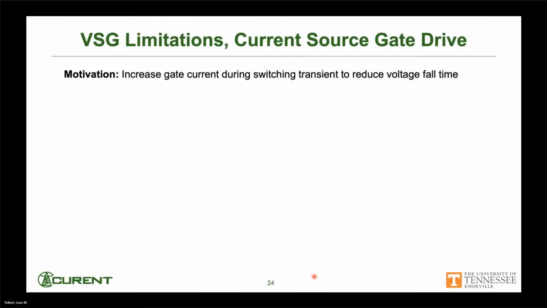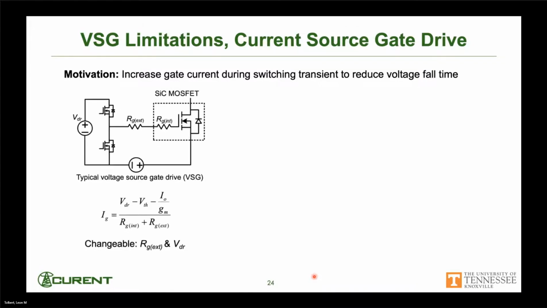So let's look at some of the limitations that appear when we talk about voltage source gate drive and some of the conventional current source gate drive. This is our typical voltage source gate drive with the 2 voltages and a couple of switches, our external gate resistance that we've added.